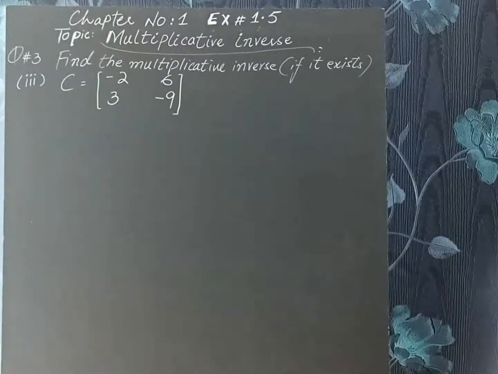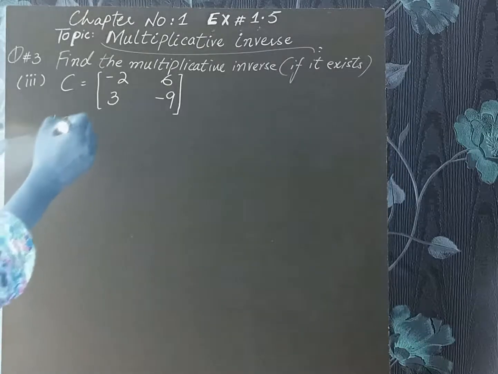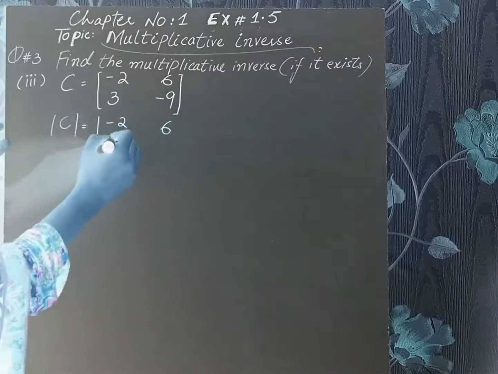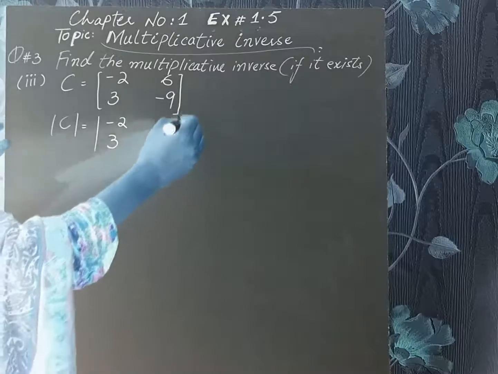Okay guys, here now I'm going to solve its part 3. So part 2 is same, you can solve yourself. Part 3 again, I have to find here the multiplicative inverse, but if it exists. So to check the existence, I'll take the determinant of this. Minus 2, 6, 3, minus 9.